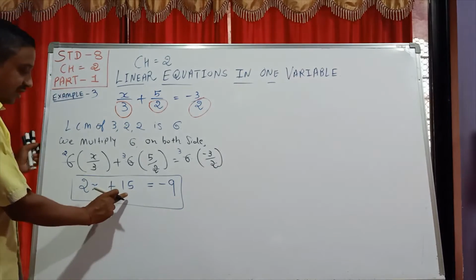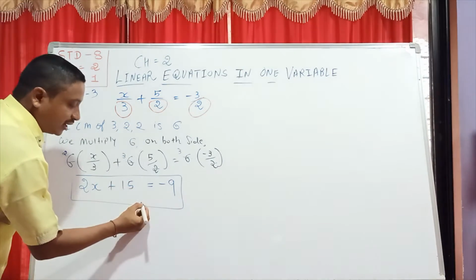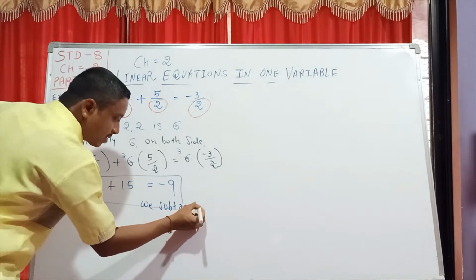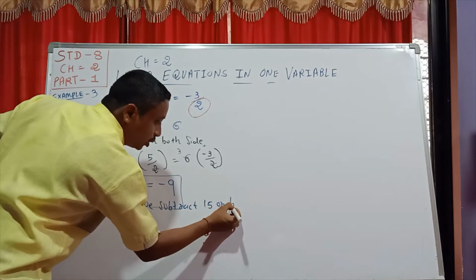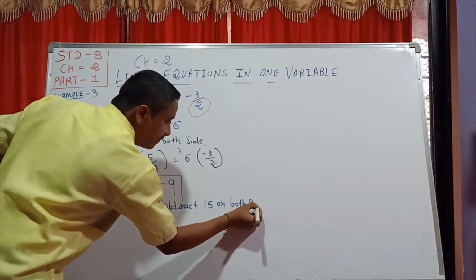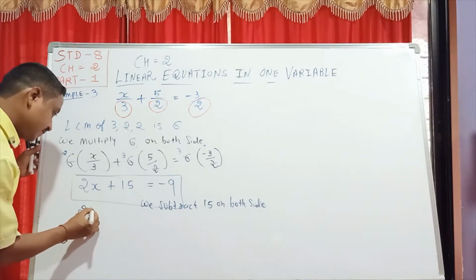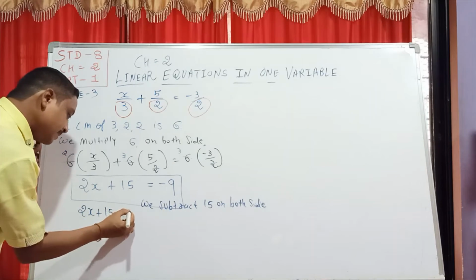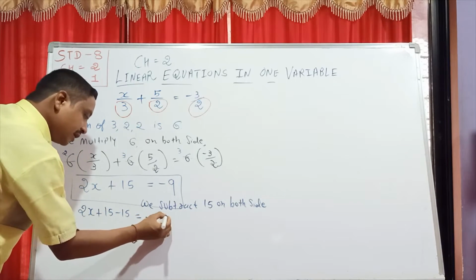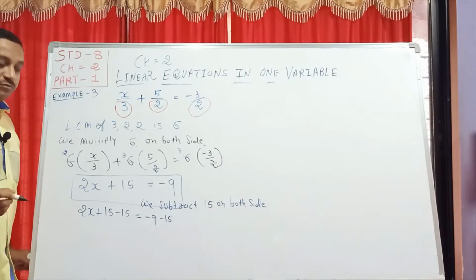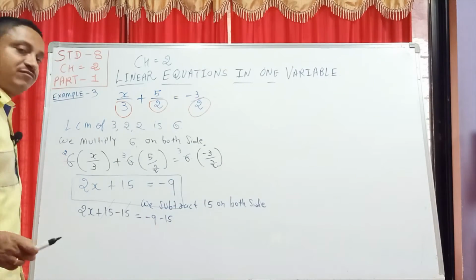So first of all I remove this 15, so we subtract 15 on both sides. So easily you get here 2x plus 15 minus 15, and here also minus 15, so I get minus 15 on both sides, and this 15 and that 15 cancel.